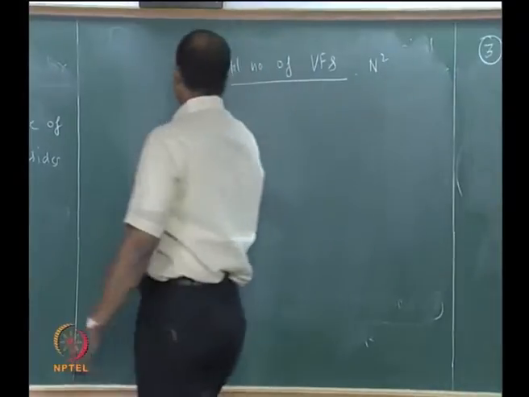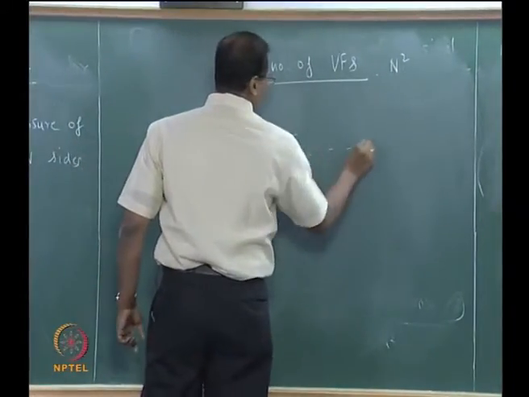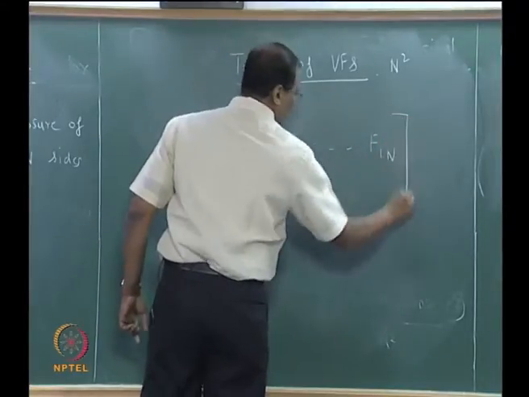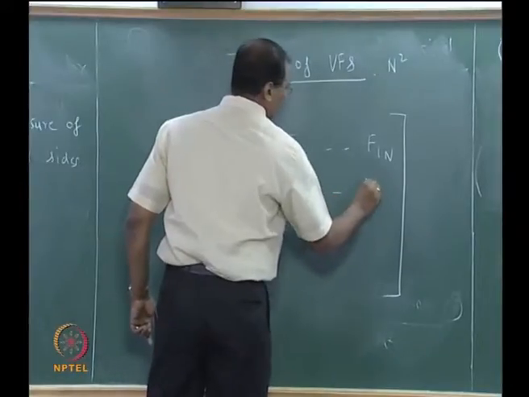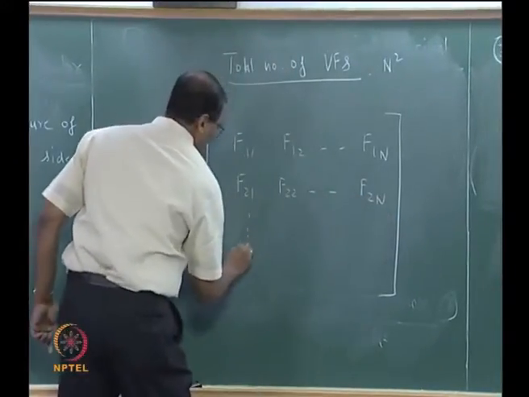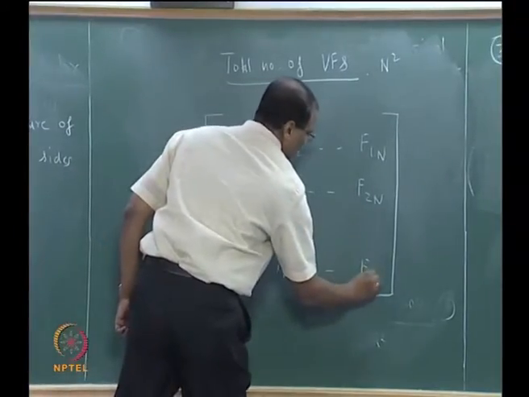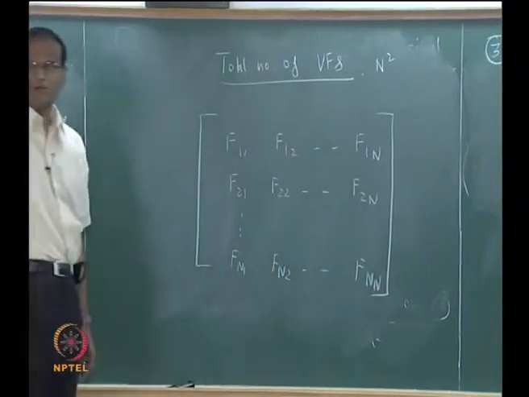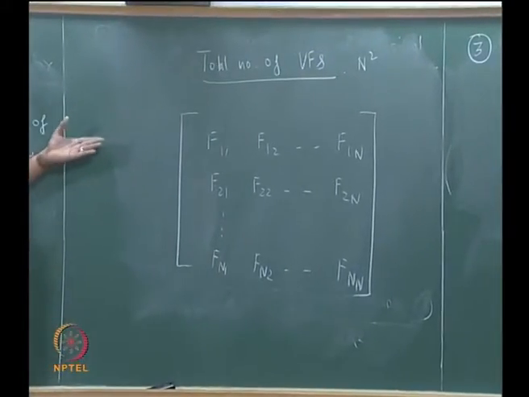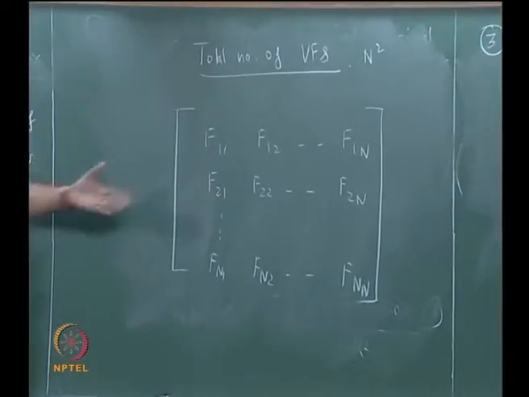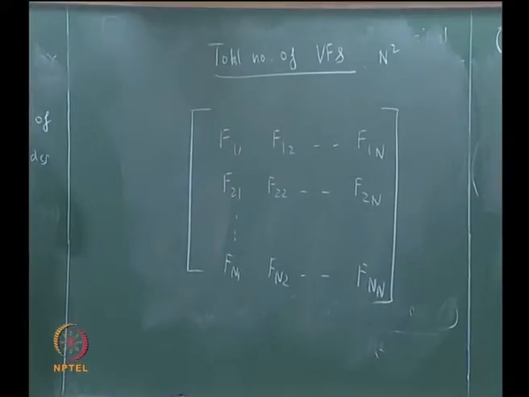I can write it like this: F11, F12, and so on up to F1n; F21, F22, up to F2n; Fn1, Fn2, and so on. Do you think it is pragmatic for a 5 surface enclosure to get all the 25 view factors by using that stupid integral? So, there should be some other way out.